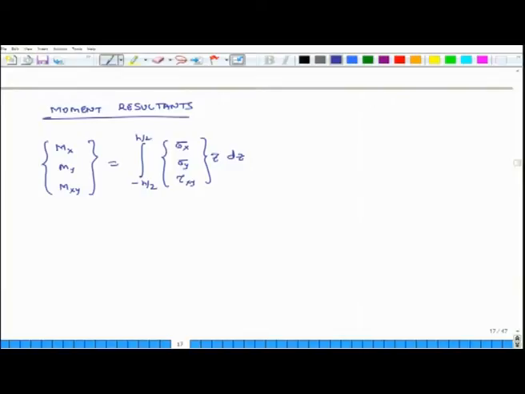Or in short, we can say that the moment resultant vector is equal to the integral from minus h by 2 to h by 2 of the stress vector times z dz. This is just a short form, it takes less space, that is all.